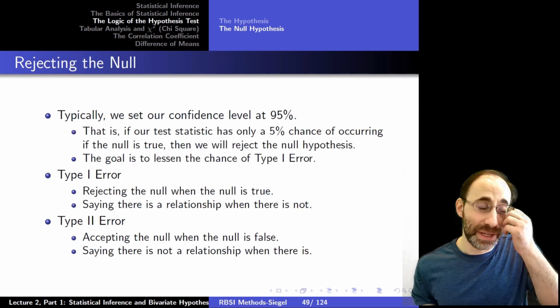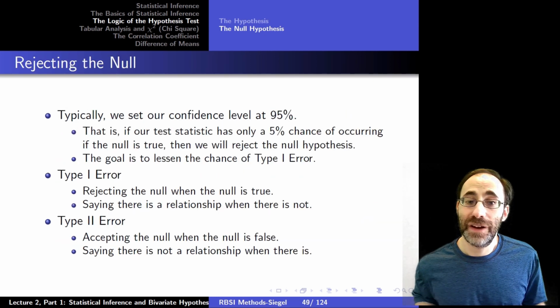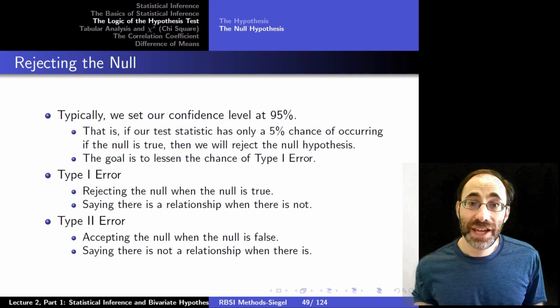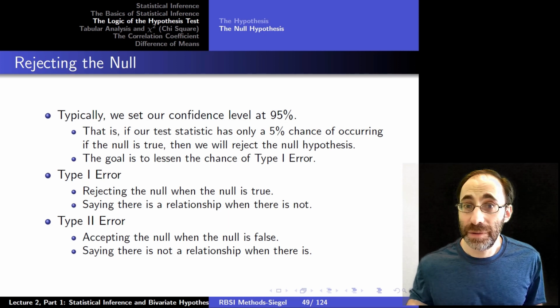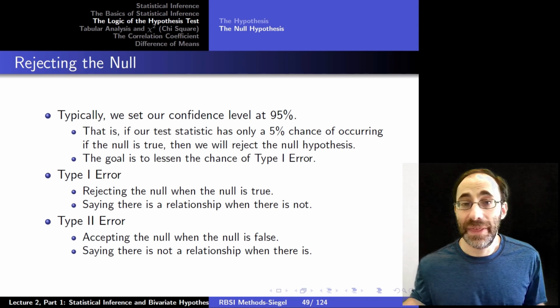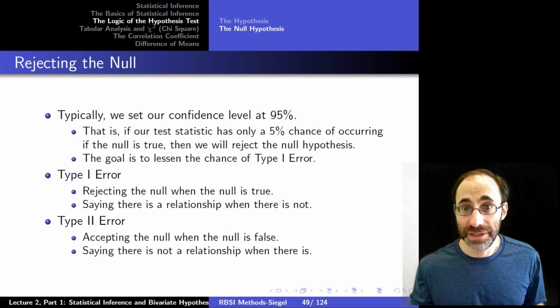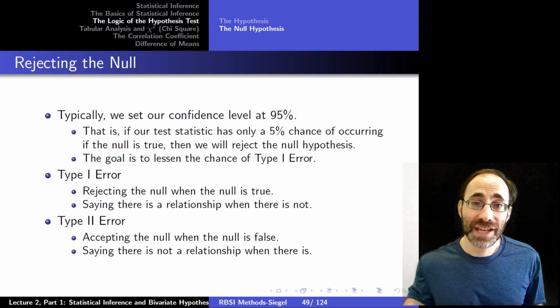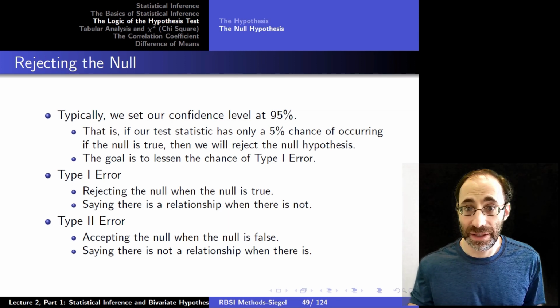Okay. So again, typically we set our confidence level at 95%, which means our test statistic has only a 5% chance of occurring if the null is true. And then if so, we reject the null hypothesis. Remember, this test statistic is calculated from your sample data.